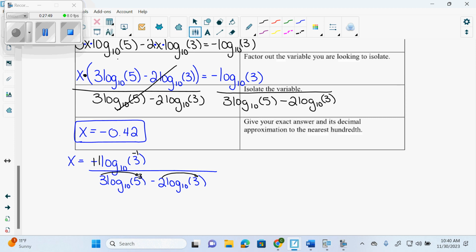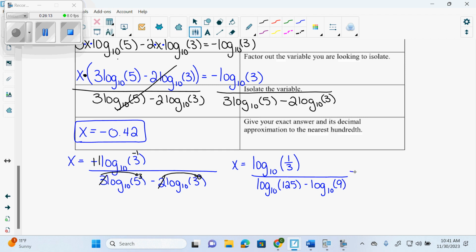I'm going to get a 3 here and a 2 here. So I have x equals log base 10 of a third, because 3 to the -1 is a third, over log base 10 of 125 minus log base 10 of 9.